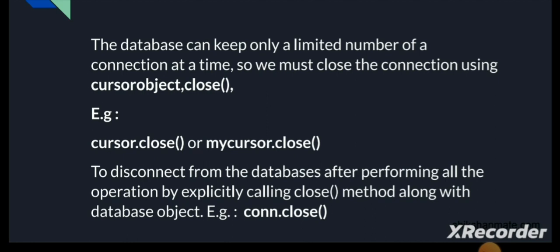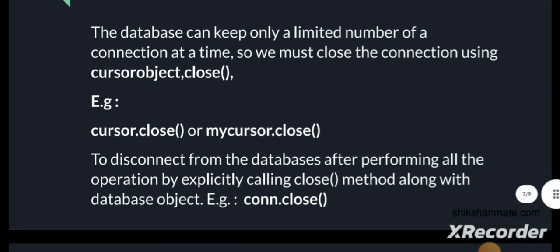So we should close the cursor using cursor object.close, which you can see in bold letters in the first line, right? This is the function which is going to be used to close the cursor, and here an example has been given, cursor.close or mycursor.close.